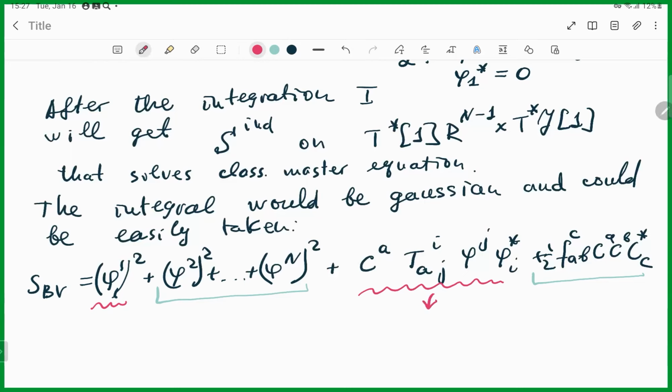So the interesting piece would be CA, TA, I1, phi 1, phi I star.